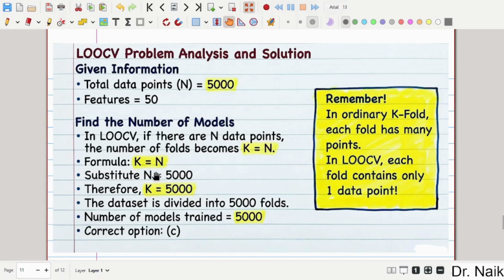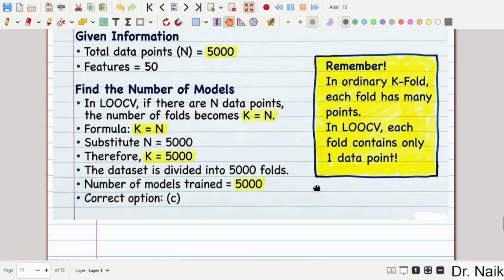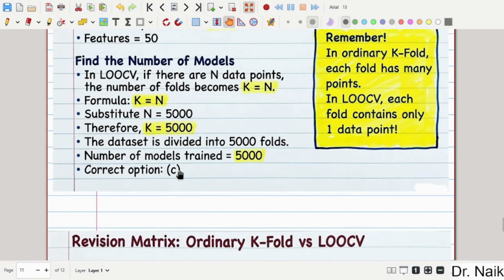Therefore, after substituting 5000 we get k is equal to 5000. So the dataset is divided into 5000 folds. Therefore the number of models trained is 5000. In ordinary k-fold, each fold has many points, but in leave one out cross validation, each fold contains only one data point, and we know that the number of models is equal to k.